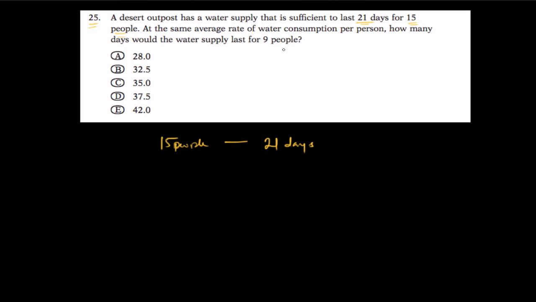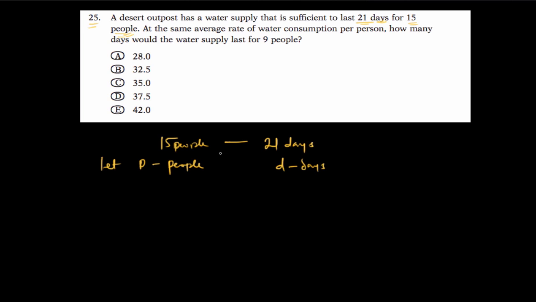Now, the best thing to do when you're handling a question like this, the very first thing is you should establish a relationship between the number of days and the people. So let P represent the people, and let D be the number of days.